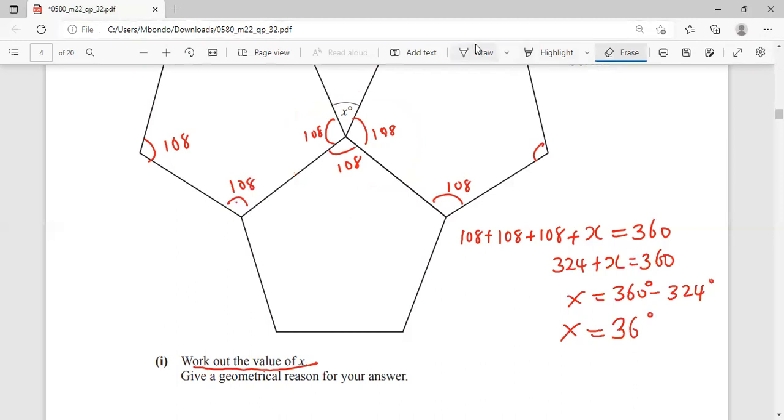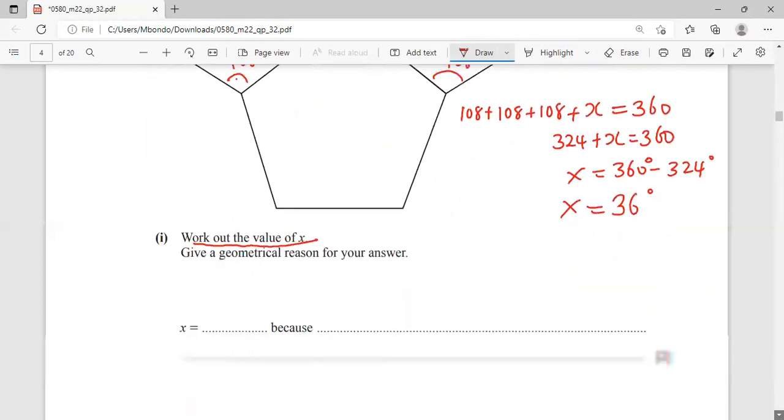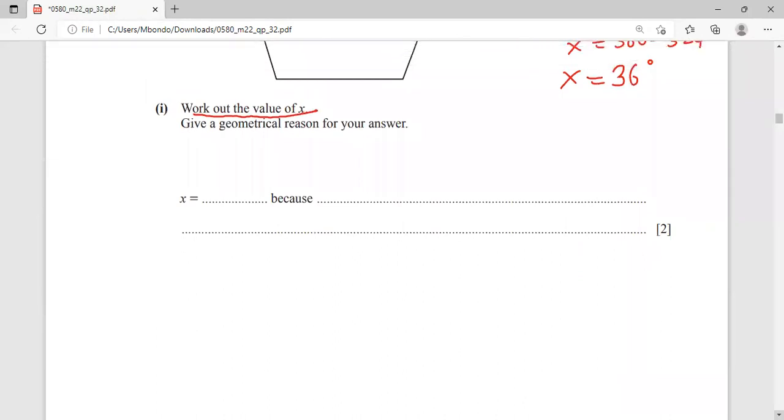We need to know that. Where we have x here, this is 36 degrees.